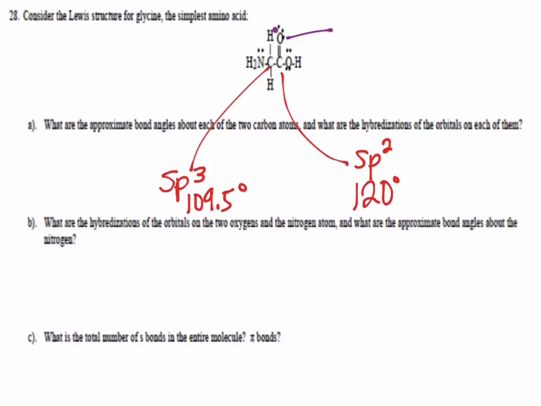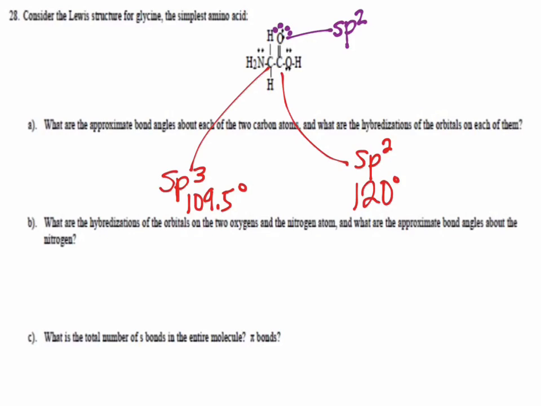So if you don't see it, right here is an electron area, right here, and right here. So it is sp2. The double bond is 1 area of electron density. There's really not an angle right there, so we wouldn't worry about that.